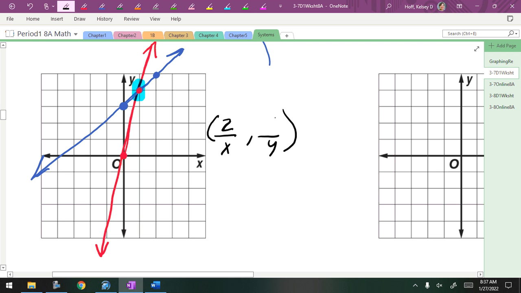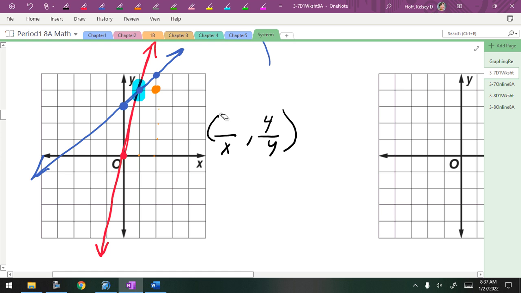Okay, so if I go 2, 4, I go 1, 2, 1, 2, 3, 4. You guys, when you put your pencil right here, you have not counted anything. That's a 0. So how far to the right do I need to go? Just 1.